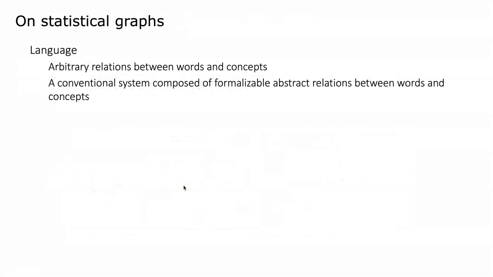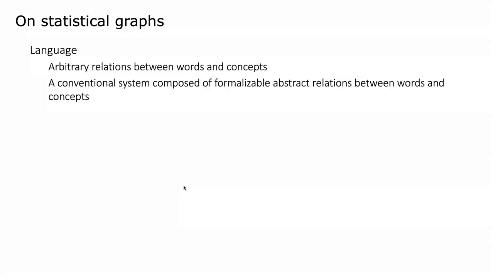What happened was this. We knew that language consists of arbitrary relations between words and concepts. What I mean by arbitrary is this. If I have the term pencil, P-E-N-C-I-L, this is just a random connotation of the pencil object, because it could have been another word that represented the pencil object, as we observe in different languages.